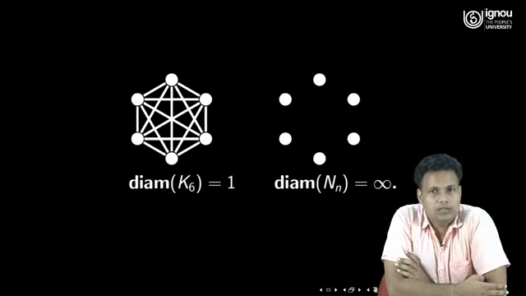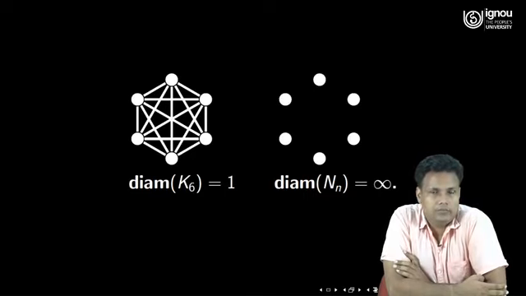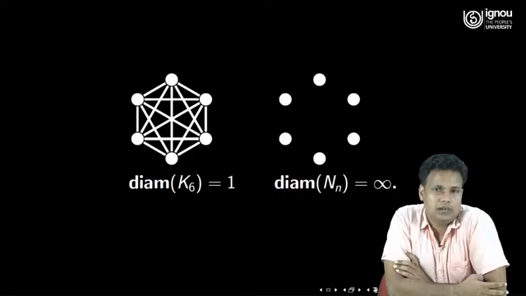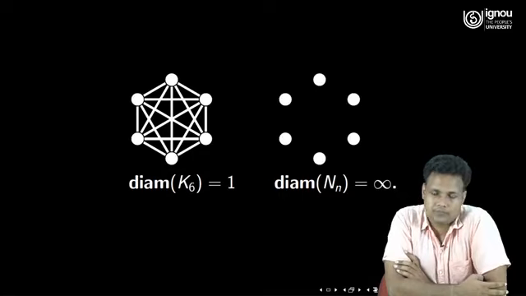On the other hand, the diameter of a null graph is infinite, and in fact if the graph is disconnected, its diameter would be infinite, because it would have at least two vertices at infinite distance, right?